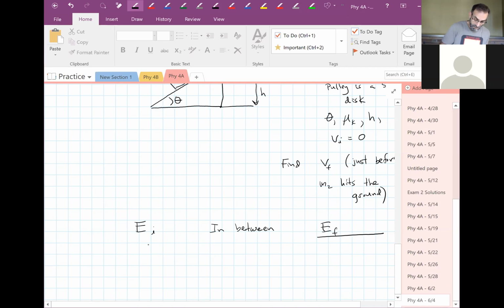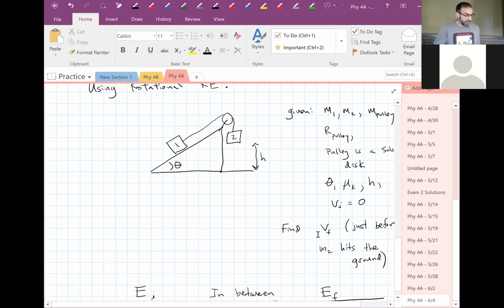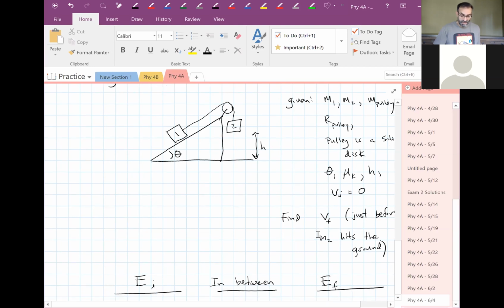And what kinds of mechanical energy do we have in this problem? Well, why don't I give you a minute to try to set this up? Think about what you'd have in your energy bar chart and then fill it in, and then we'll do it together.